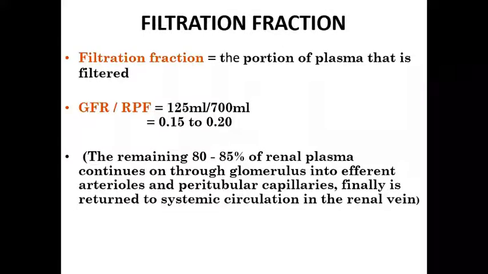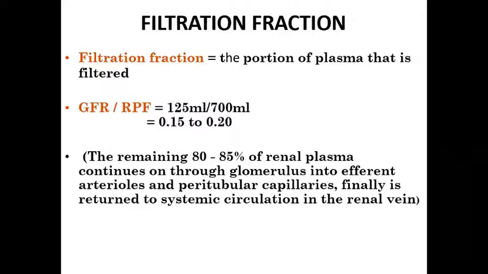So if you take 55% of 1.1 liters, you get something like 605 mils. So 605 mils is actually the renal plasma flow. That is the plasma transported to the two kidneys, without the cells.